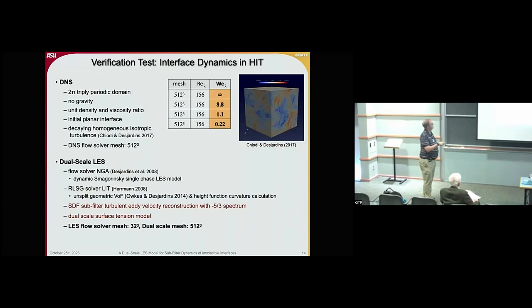Here's the data of the DNS flow solver resolution. The flow solver is NGA. Well, if we're using it as an LES model, we have a dynamic Smagorinsky single phase LES model. And the overset mesh, if we do this here with 32 resolution for the LES, the overset mesh goes down to the DNS resolution of 512, locally around the interface.